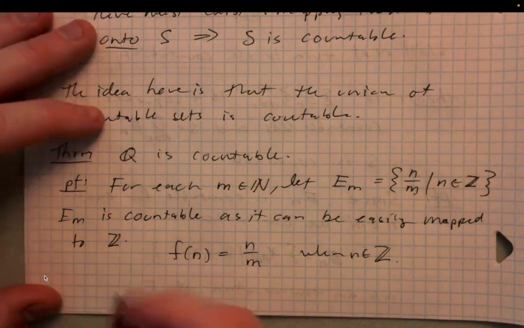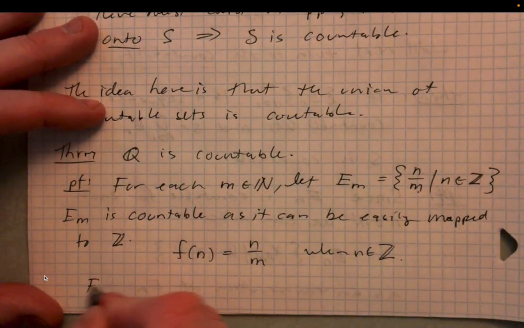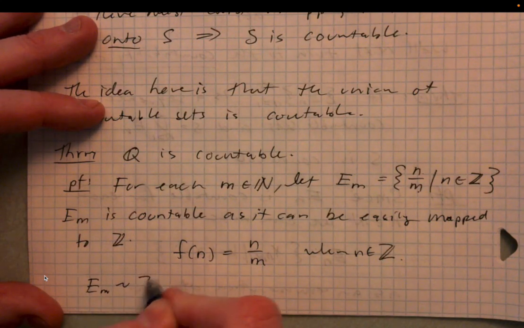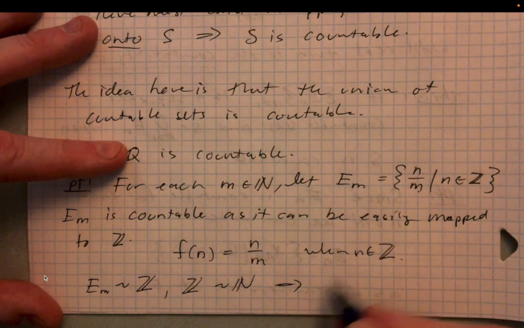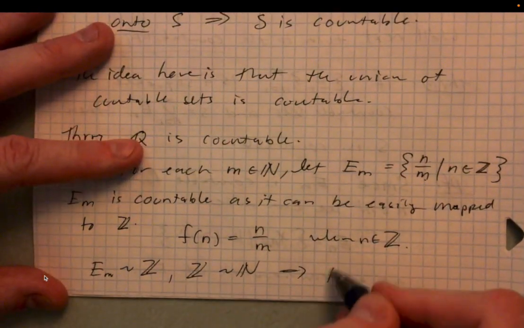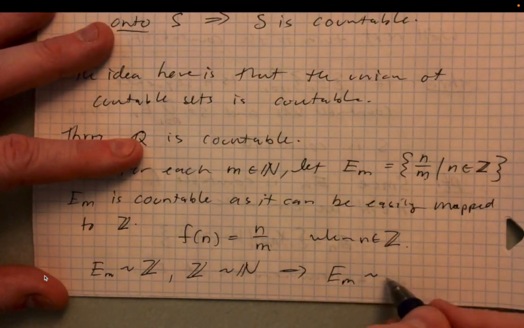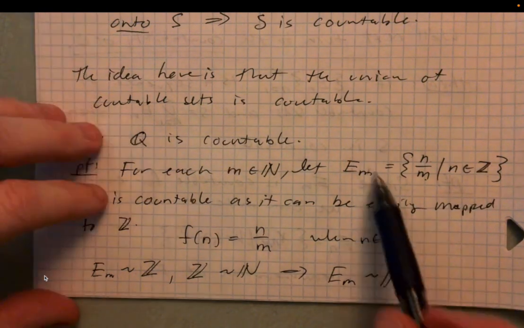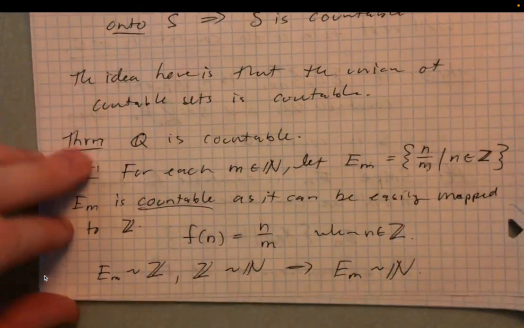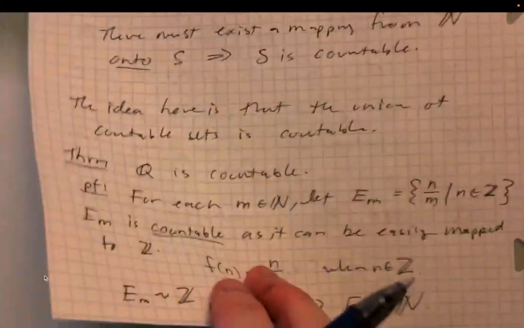Okay, so we know that E sub m is equivalent to the integers, and the integers are equivalent to the natural numbers, so by the transitive property of the equivalence relation, E sub m is equivalent to the natural numbers. So this set is countable, which we said here, right? So we've got a countable subset of the rational numbers.